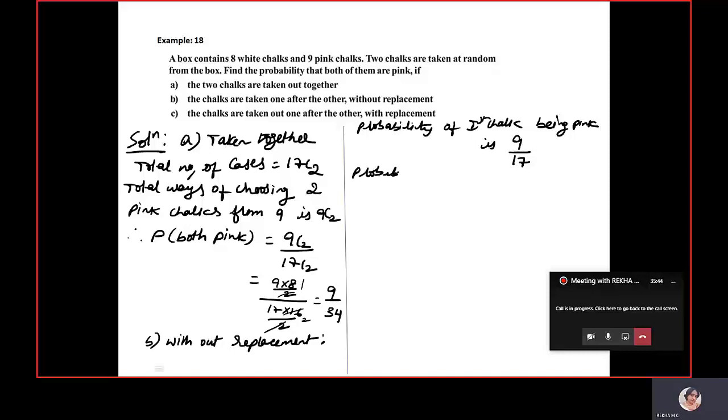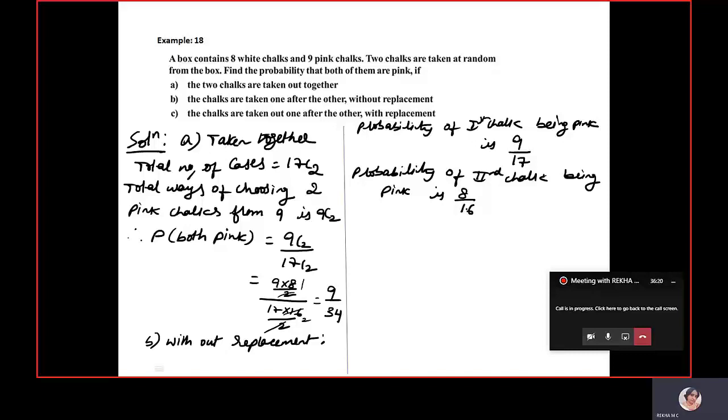So the probability of the second chalk being pink is 8 by 16. Because the pink chalk is taken, therefore you'll be left with 16 chalks. And one pink chalk is taken, so therefore in this case the favorable cases will be 8.